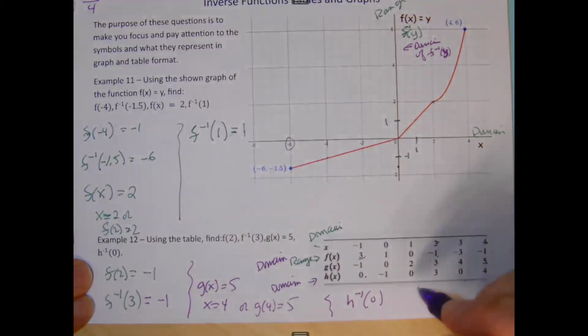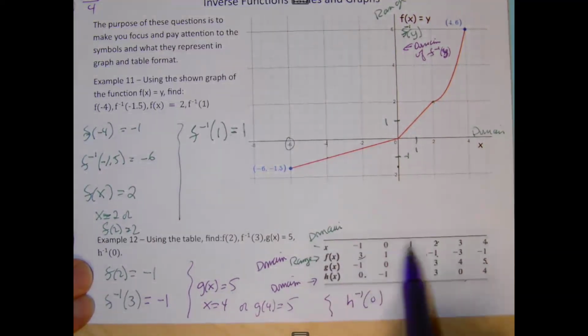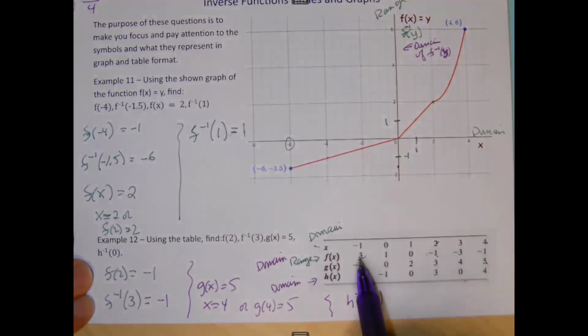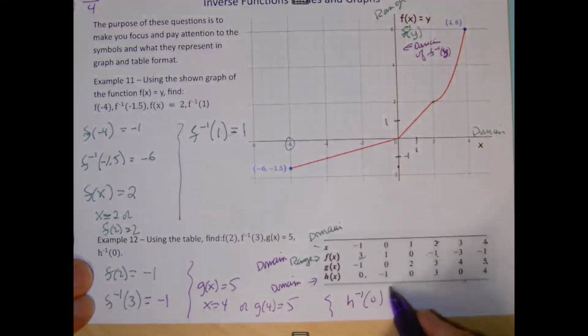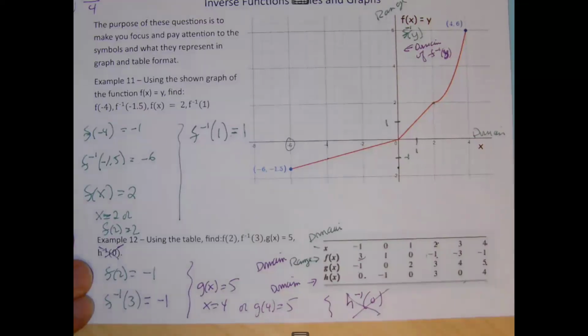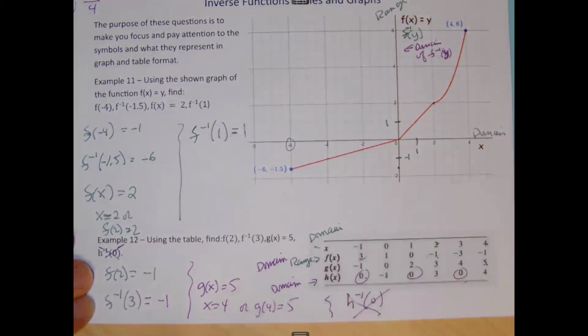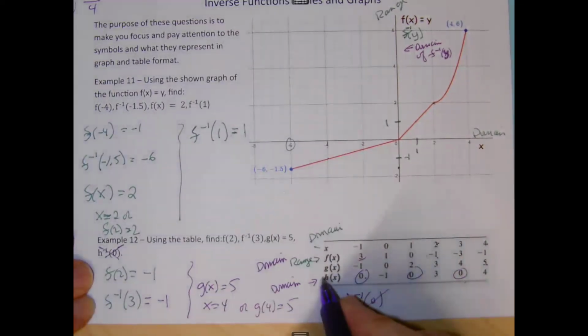Wait a minute, -1, 0, 1, and 0, 0, 2, 3, 4, 5. This isn't a function. I'm not going to answer this question because I'm using function notation, and clearly this is not 1-to-1. How would I ever do this?